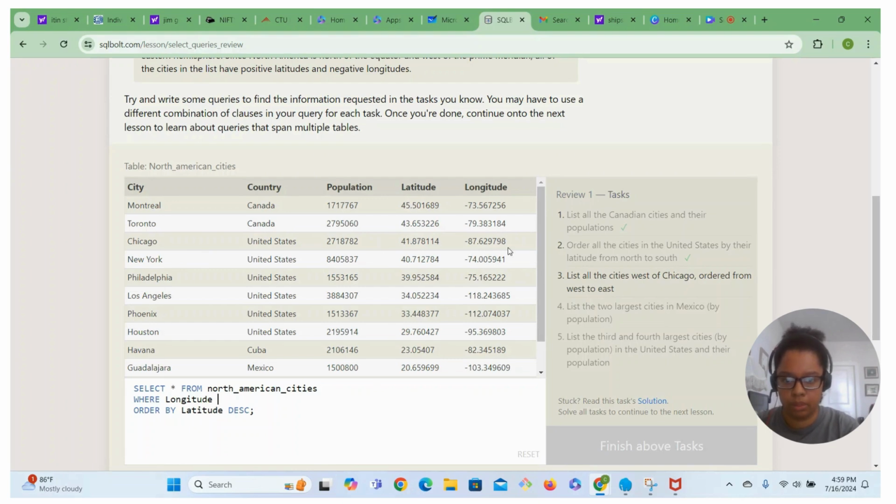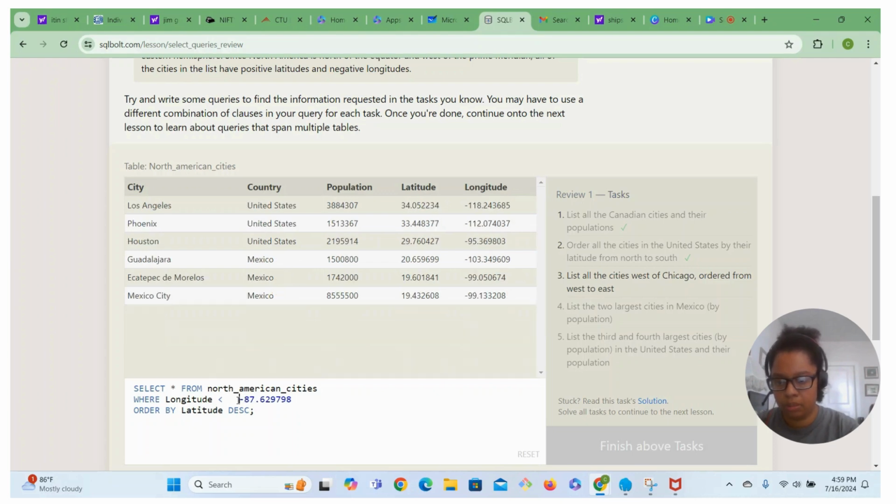I'm actually just going to take this over here because it's pretty much what we're going to be using. I'm going to use one of the separators. And then, of course, we're going to order it by the longitude in ascending order.